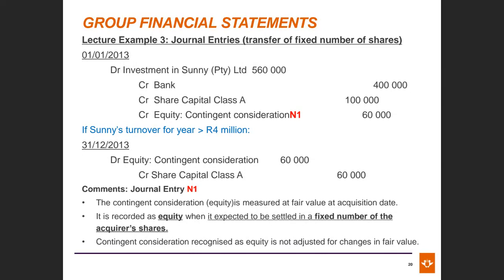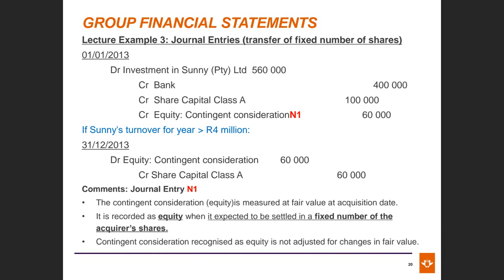And these shares are valued at fair value at acquisition date. So we're going to go debit investment in Sunny, and then we're going to credit bank, which was 400,000 Rand. That is a definite payment. We're going to credit share capital Class A shares of 100,000 Rand. And then we have our equity contingent consideration. So here, because it is a transfer of a fixed number of shares, this contingent consideration is going to be classified as equity.